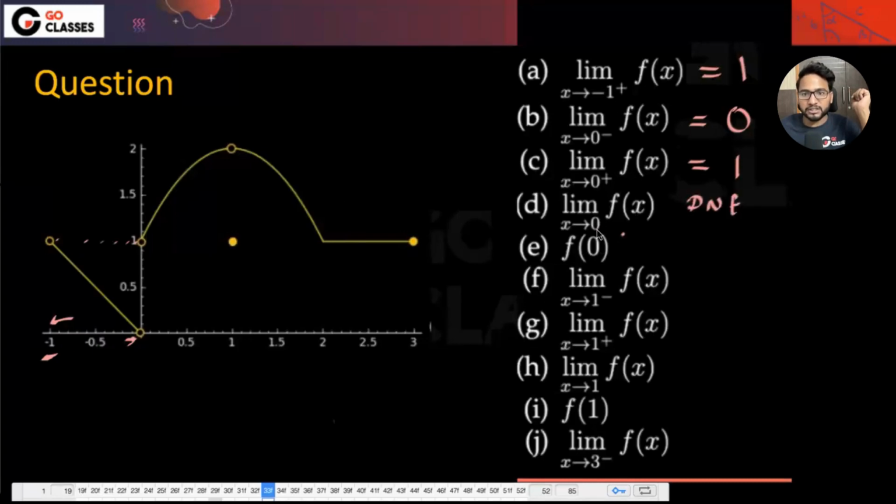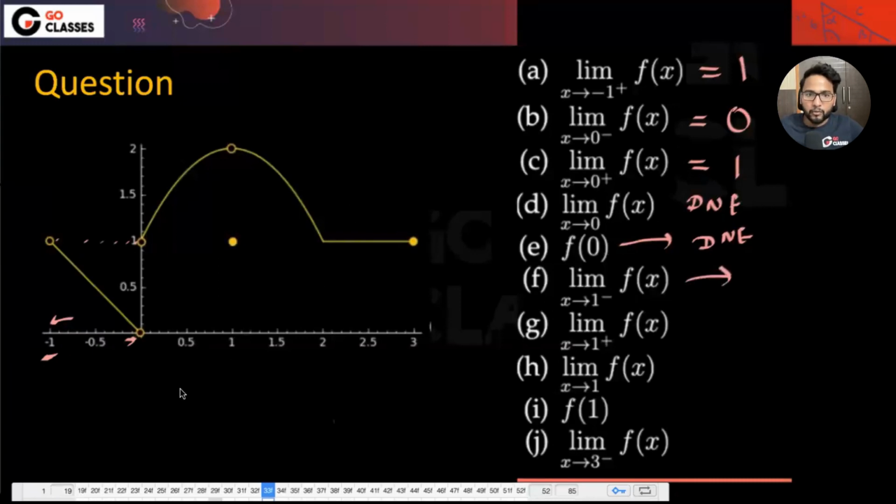This is not the limit, this is just the function value at 0. They have not actually put any dot here. If they put the dot here, then it is 1. If they put the dot there, then it is 0. If they're not putting a dot anywhere, it means it does not exist currently.